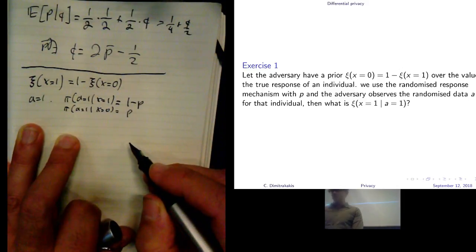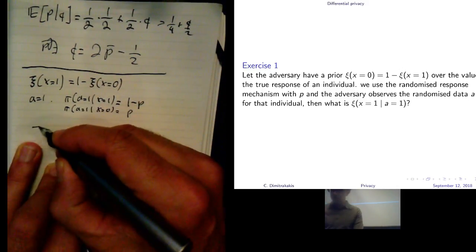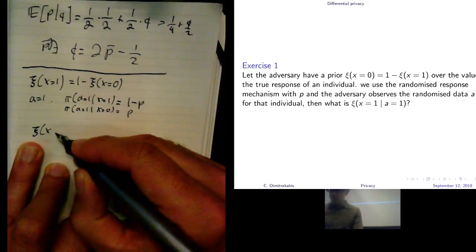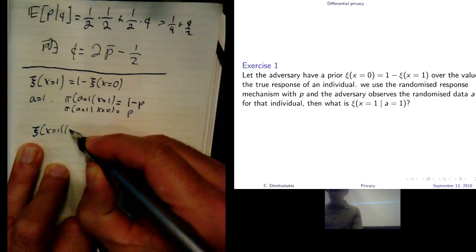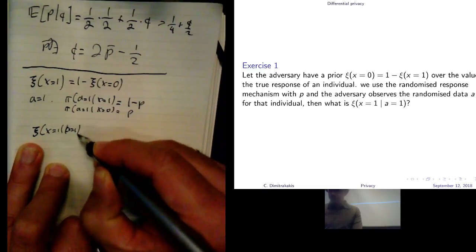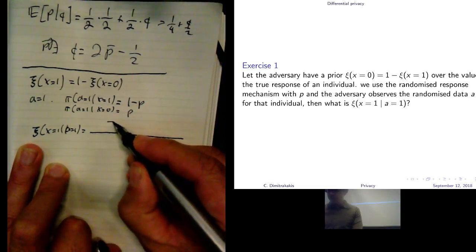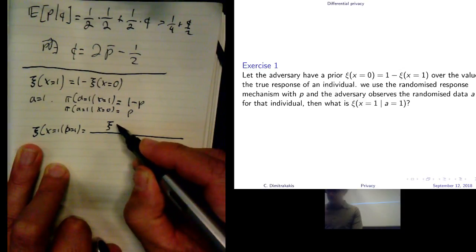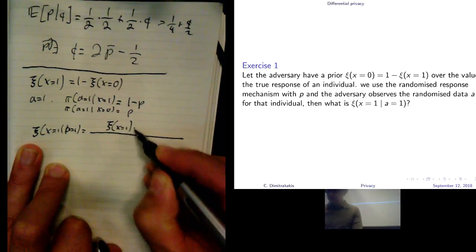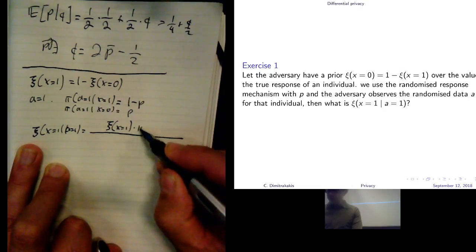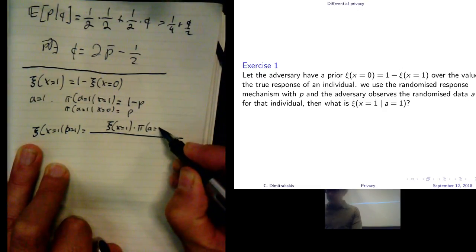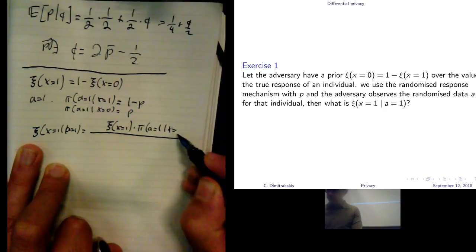So then we ask ourselves, what's the probability that x equal 1, given that we have seen that a equal 1? Well, we use Bayes' theorem, which basically says the prior probability of x equal 1 times the probability that a equal 1 given x equal 1.